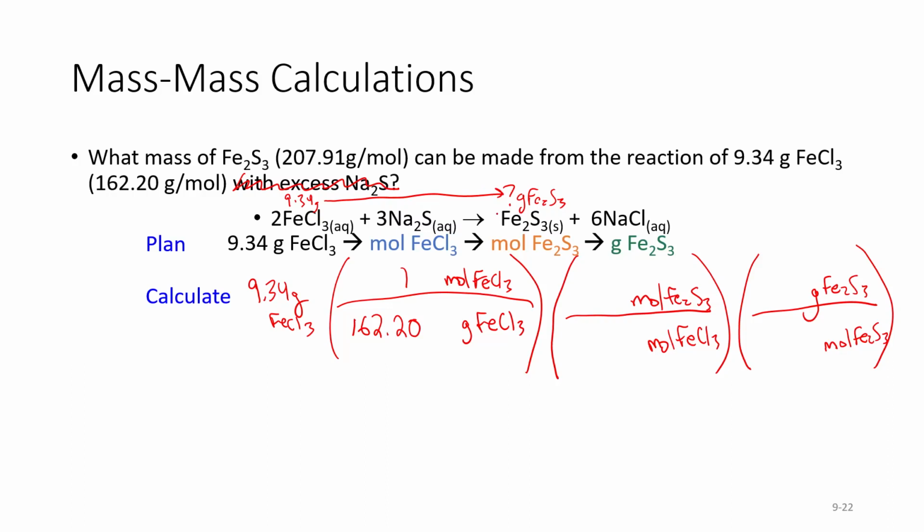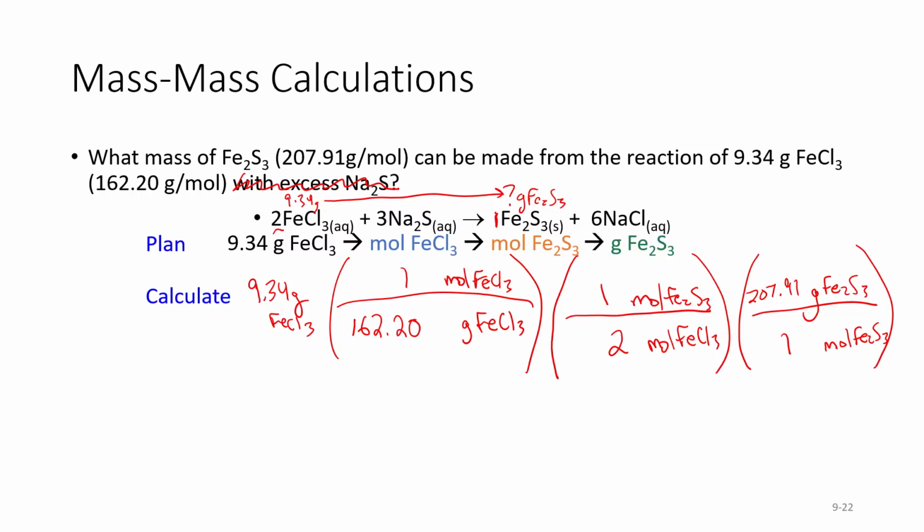So there's an imaginary number 1 here, so Fe2S3 is 1, and then there's a number 2 in front of FeCl3. Then over here, since this is the same substance, 1 mole is equal to the calculated mass from the periodic table. They give this to us as 207.91 grams.